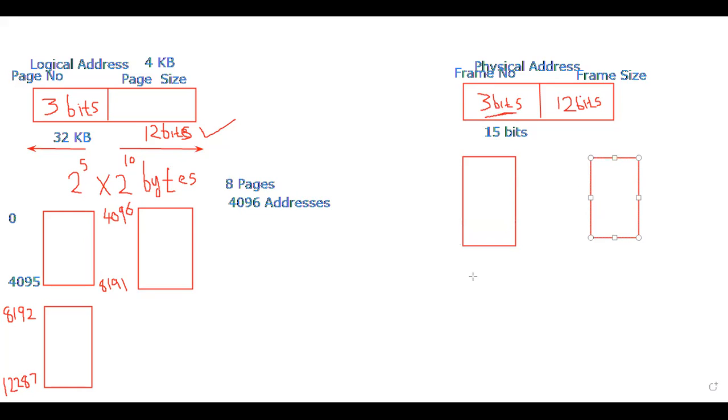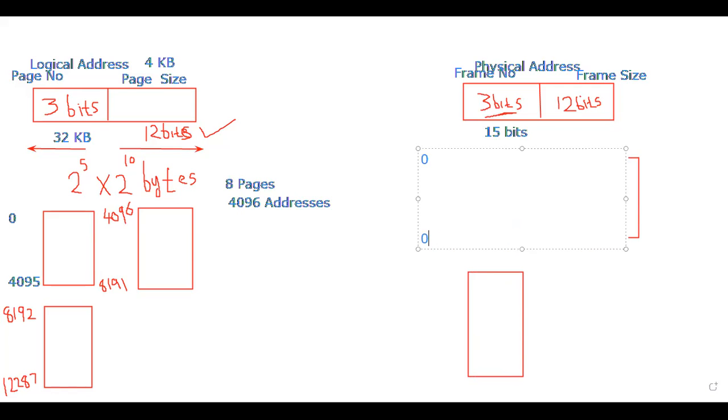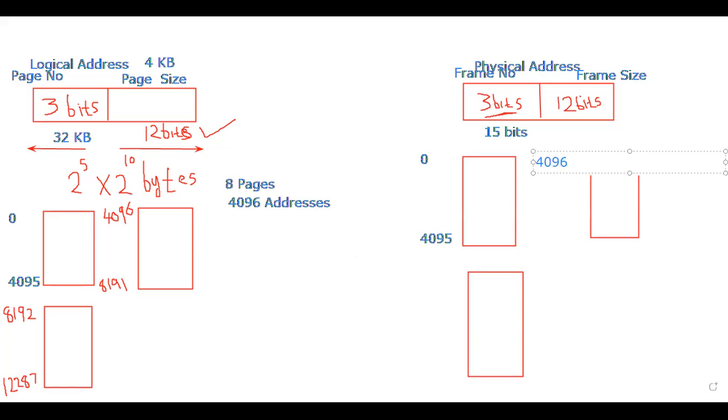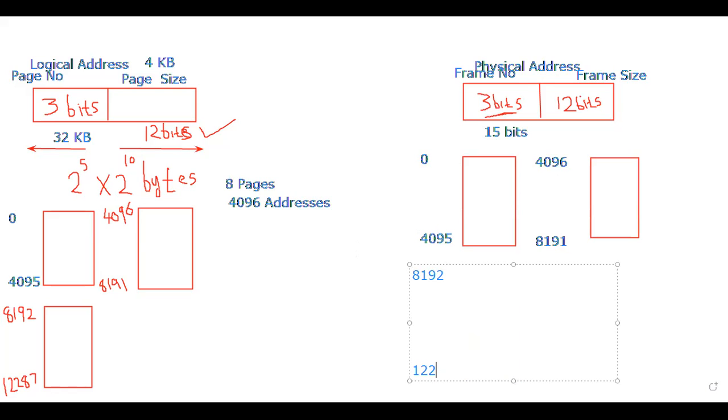The same addresses will be there: frame 0 from 0 to 4095, then frame 1 from 4096 to 8191, then frame 2 from 8192 to 12,287, because the page size is equal to the frame size.